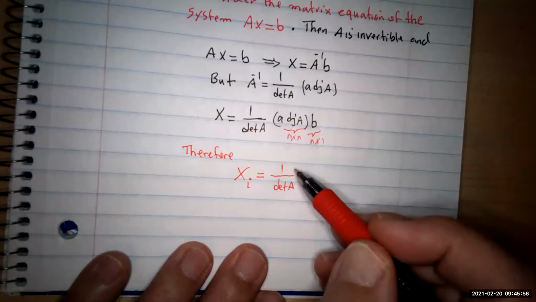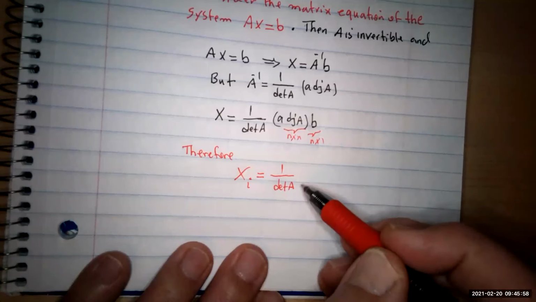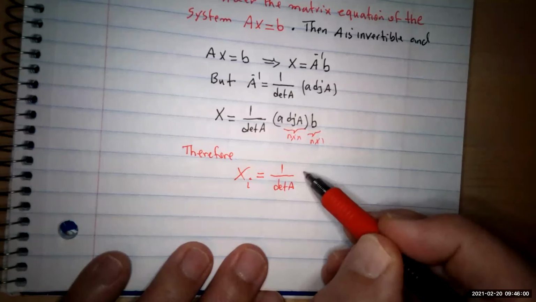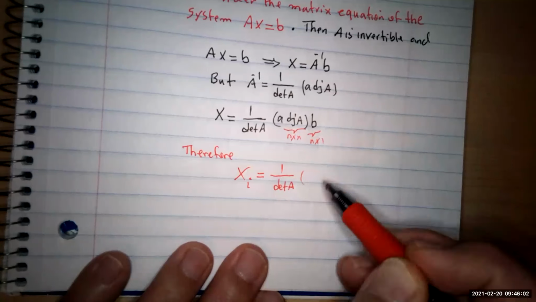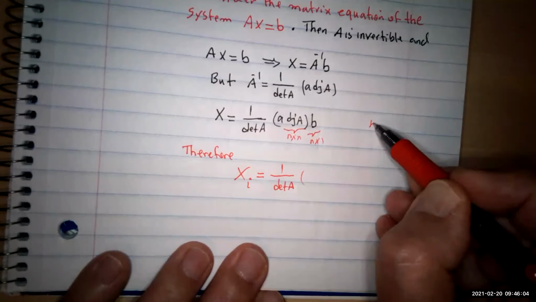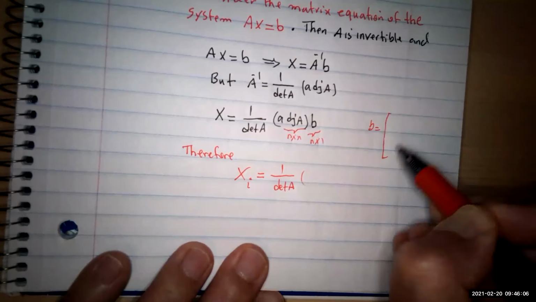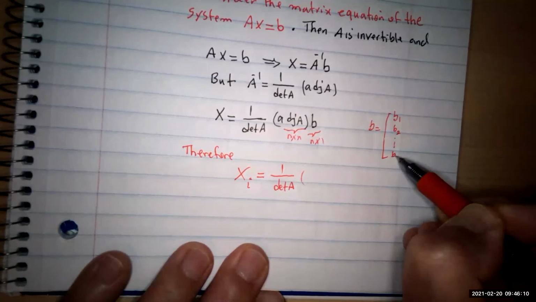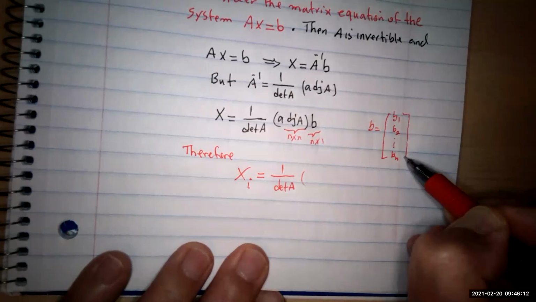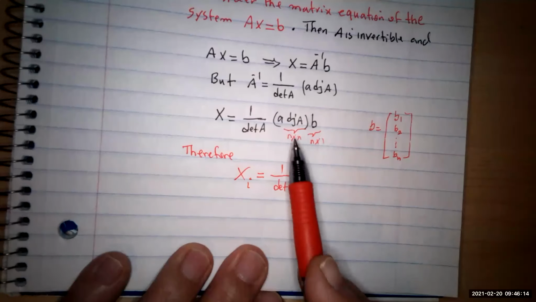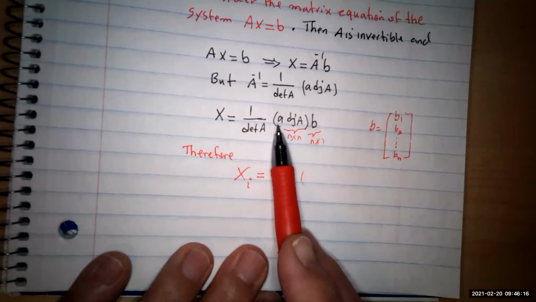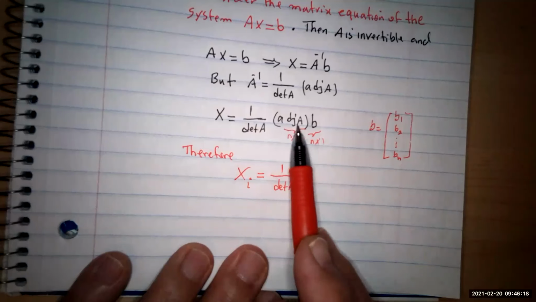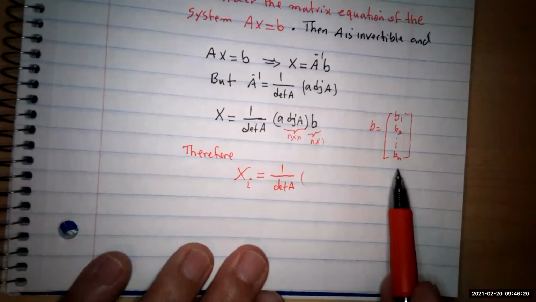Let me just show you the result. This is your B, which is B1, B2, up to Bn. What you do is pick the ith row of the adjoint matrix and multiply by this column.